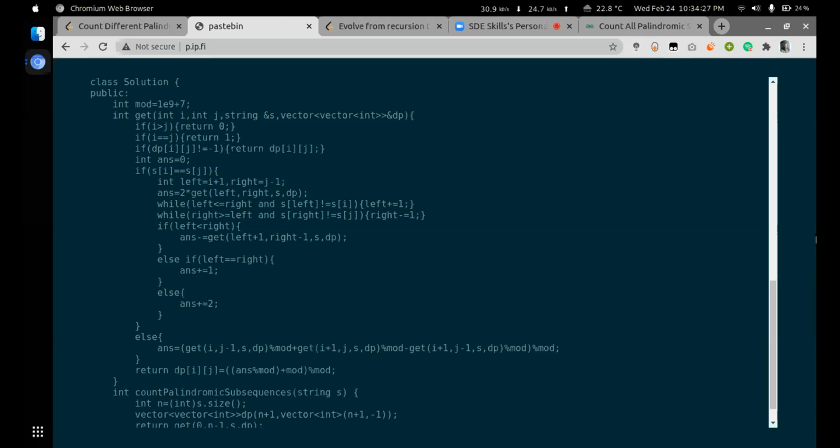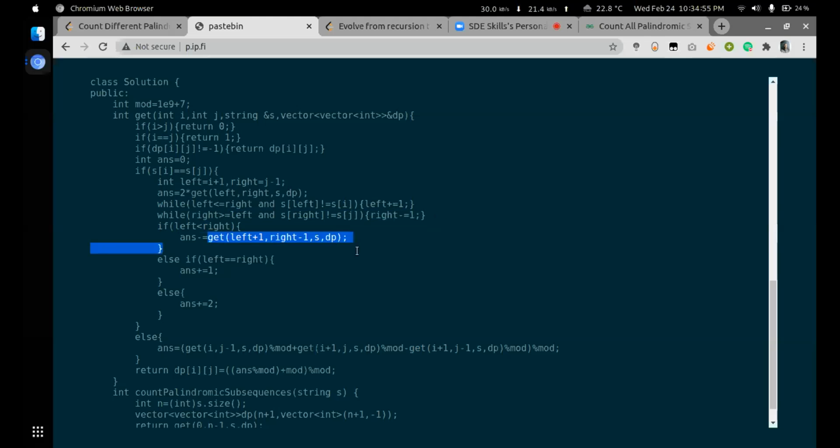The left pointer will always point to the next character in the string, and the right pointer to the character just previous to the right endpoint. This while loop takes these two parts into consideration, and then I check if left is less than right.